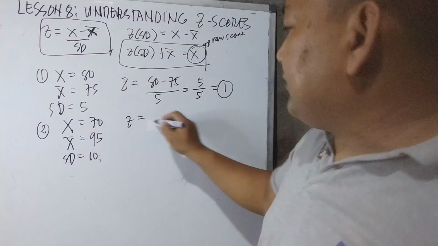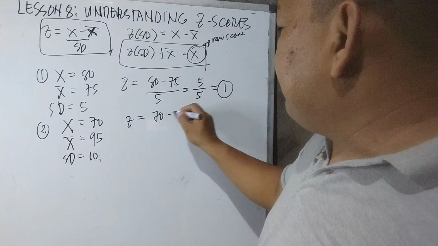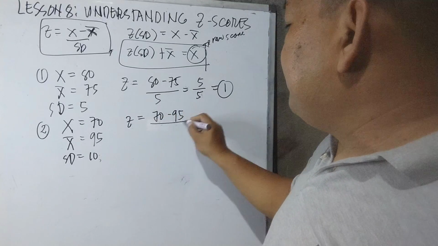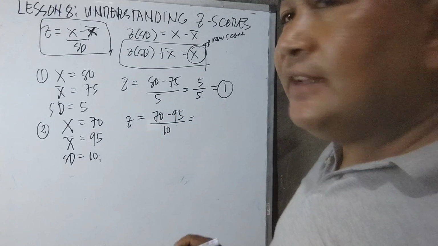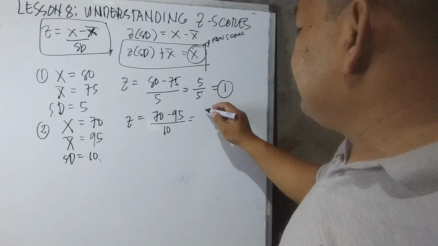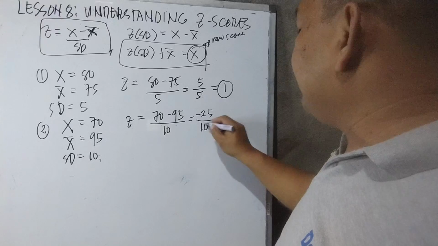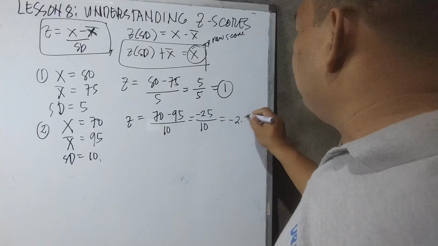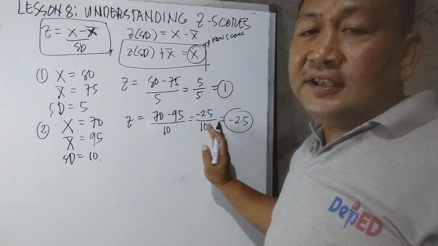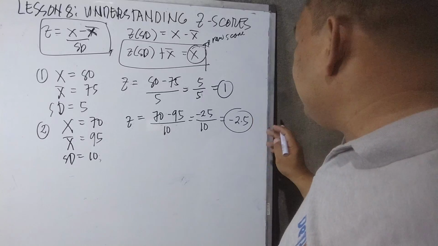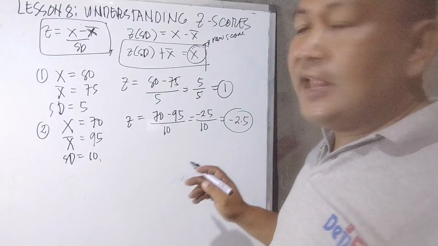So z is equal to 70 minus 95 all over 10. 70 minus 95 is negative 25, all over 10. So that is negative 2.5. The corresponding z value to this is negative 2.5.